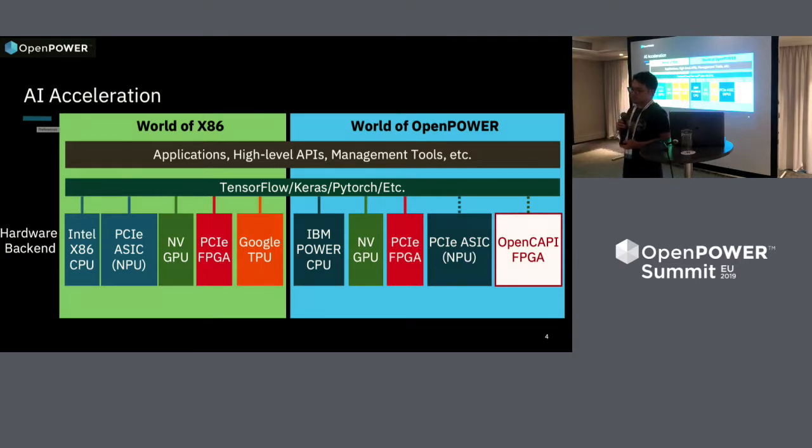So we need a solution to connect a workload together with this interface, to show the customers that this interface can really deliver real production, and you have a choice to use OpenCAPI to accelerate your AI workloads. So that's the reason, and that's another meaning of this project. So from here, that is the OpenCAPI based FPGA solution for AI workloads.